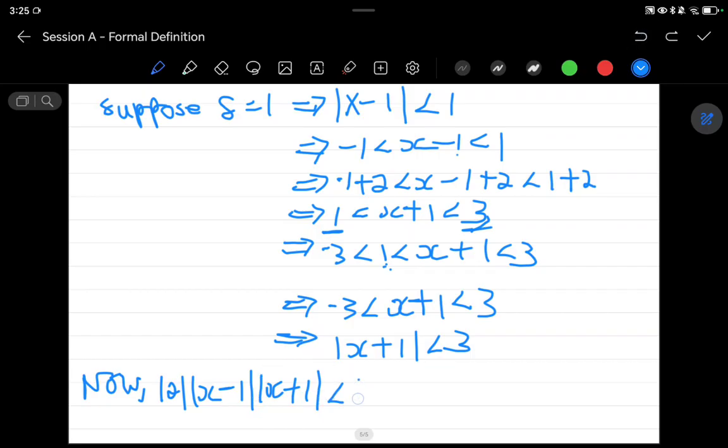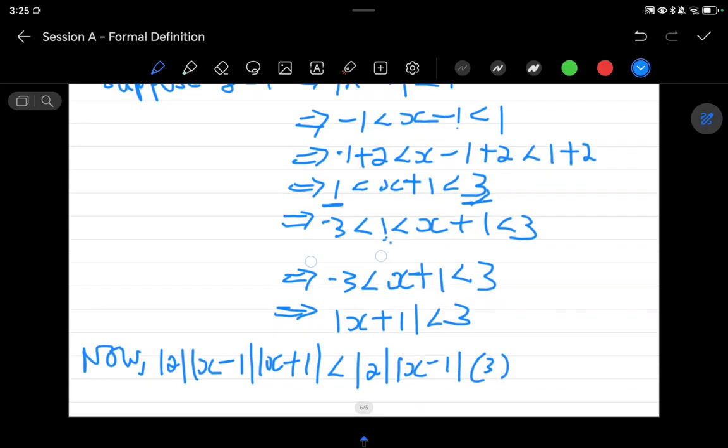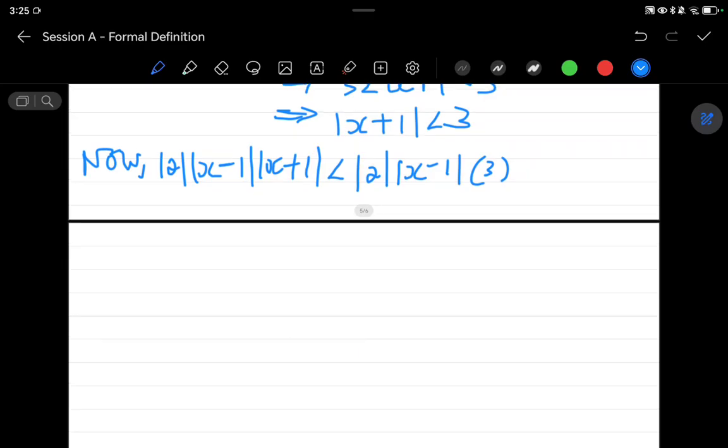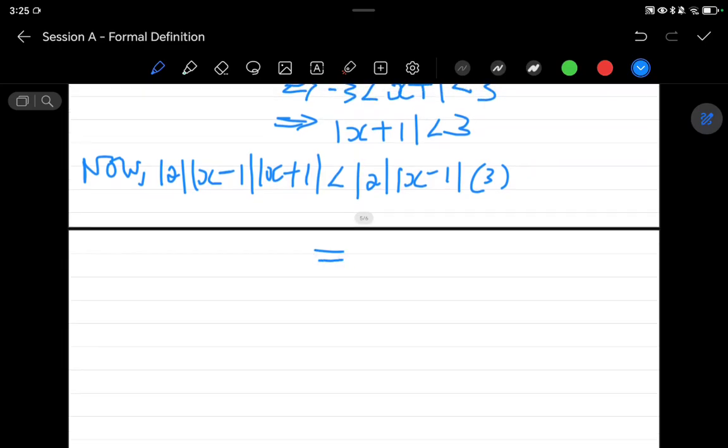This will give me the absolute value of 2, the absolute value of x - 1, and then 3. This equals 2 times 3, which is 6, times the absolute value of x - 1, which is less than epsilon. Then this would imply that the absolute value of x - 1 is less than epsilon over 6.